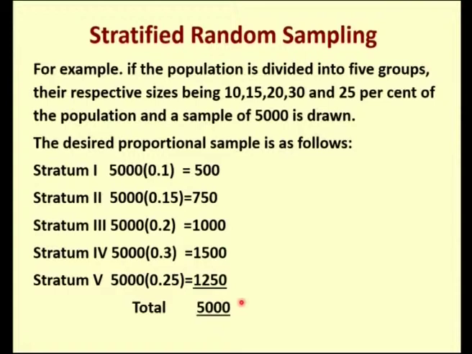In the sample we have 500 units from the first stratum, 750 units from the second stratum, and 1000, 1500 and 1250 from strata 3, 4 and 5.